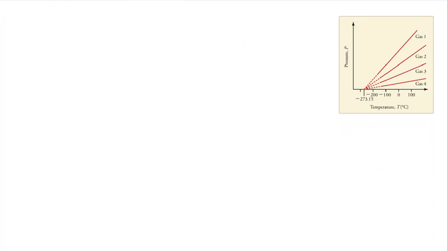So the way that the scale came out, the standard for the Kelvin scale, is we took a bunch of experiments and we took a bunch of ideal gases. So we have gas 1, gas 2, gas 3, gas 4. And as the pressure is reduced over here, so we have pressure on the dependent axis and temperature on the independent axis, as the pressure is reduced, you can see that they follow a linear relationship down to a certain temperature.